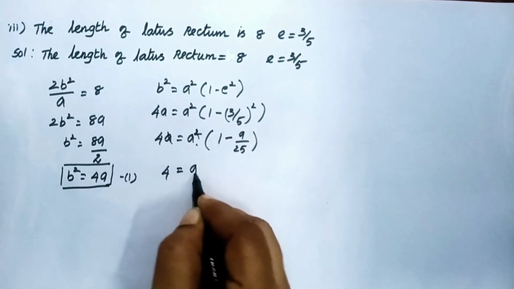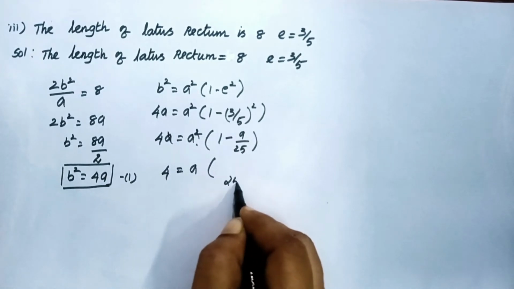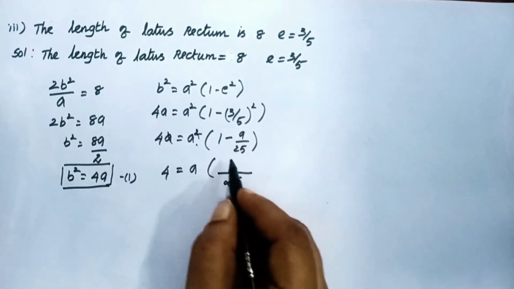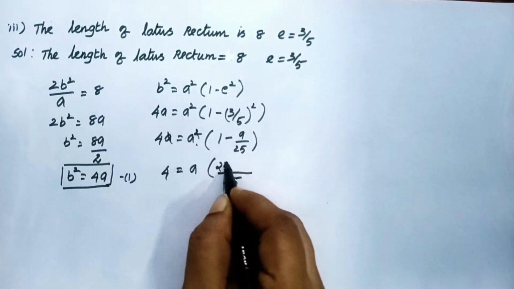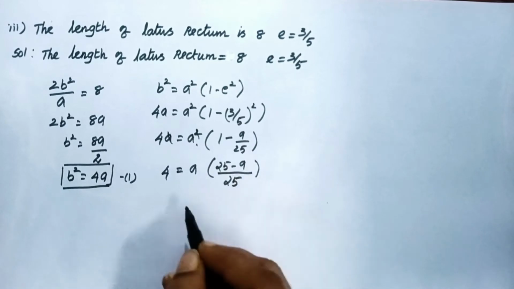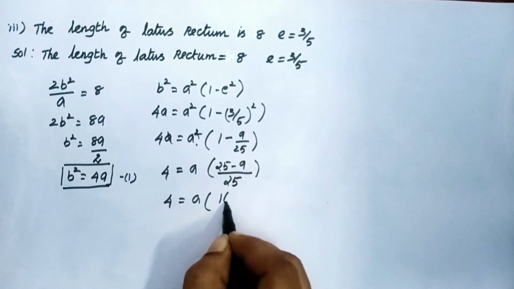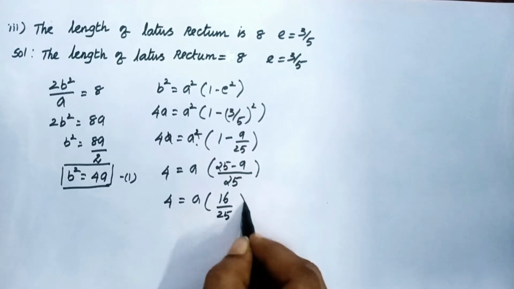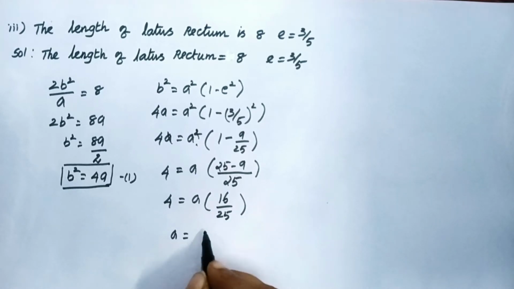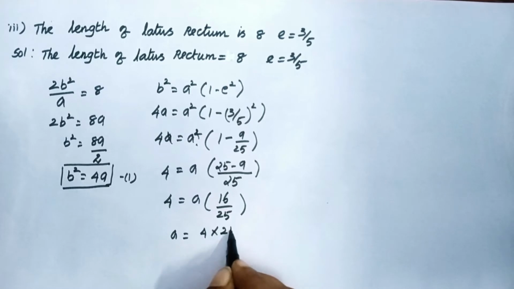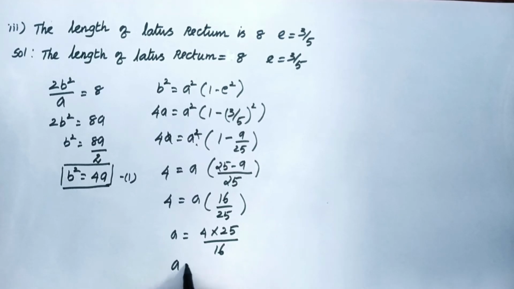4 equals a into, after taking LCM, here the LCM is 25, 25 minus 9 divided by 25. 4 equals a into 16 by 25. So a equals 4 into 25 divided by 16. So a value is 25 by 4.